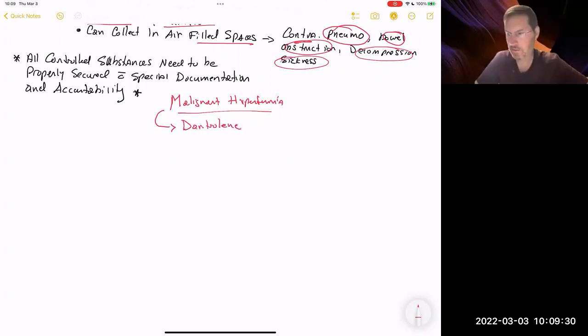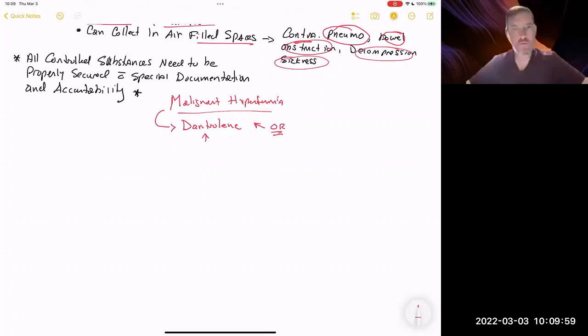Dantrolene, or Dantrium. So if somebody develops malignant hyperthermia, you need to rapidly transport that patient to the closest hospital that has an operating room. The reason being that to have a qualified operating room in the United States, they need to have dantrolene on hand.